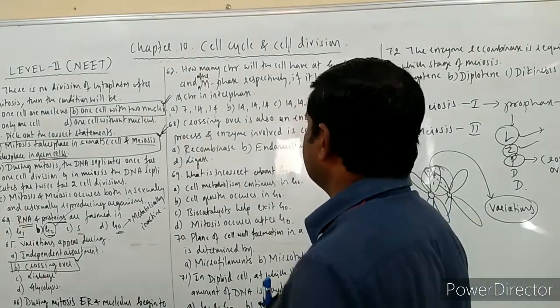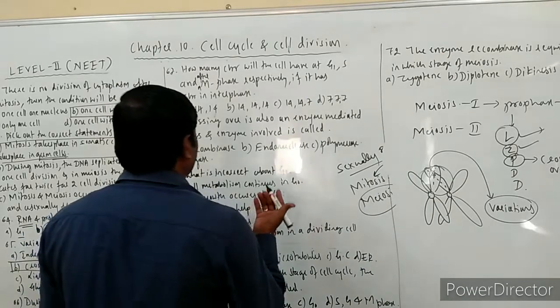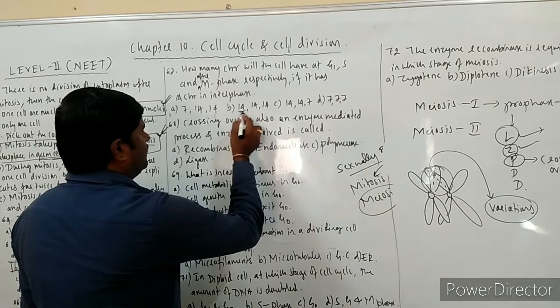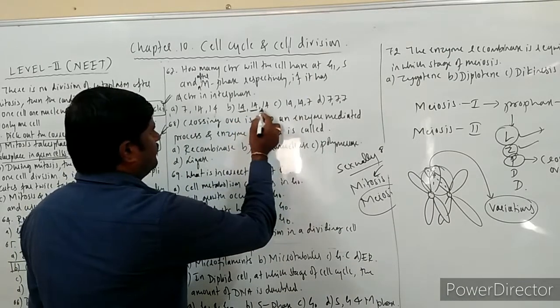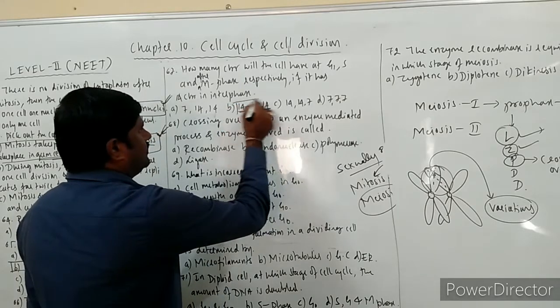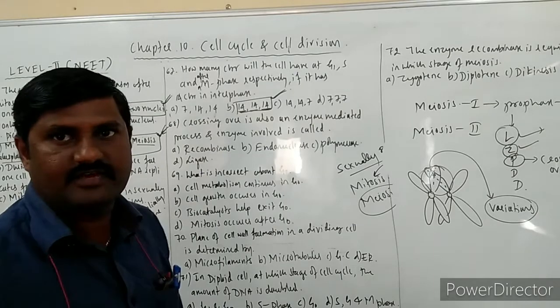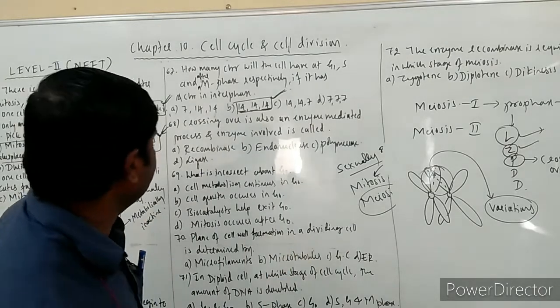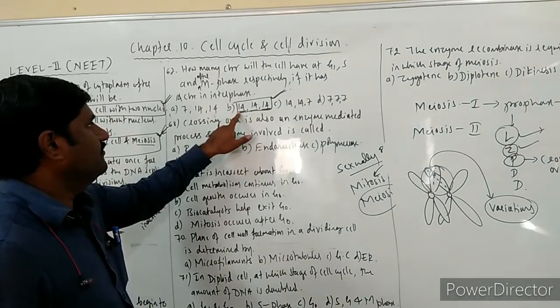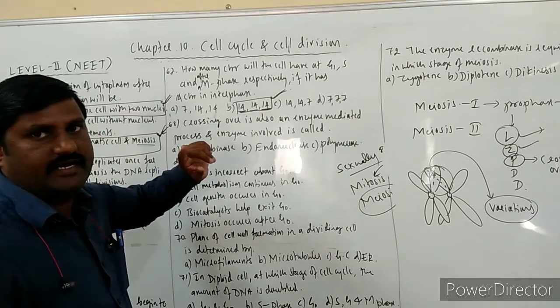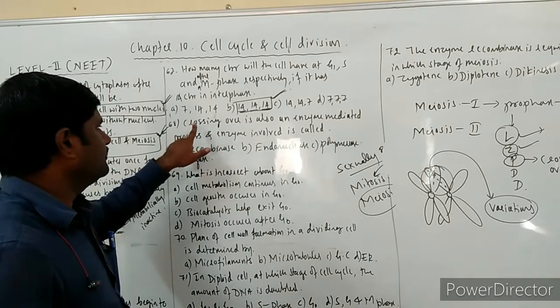So the correct answer is G1 14, S 14, and after M 14. In all the stages we come across the same number of chromosomes. That's why option B is the right answer for this question.